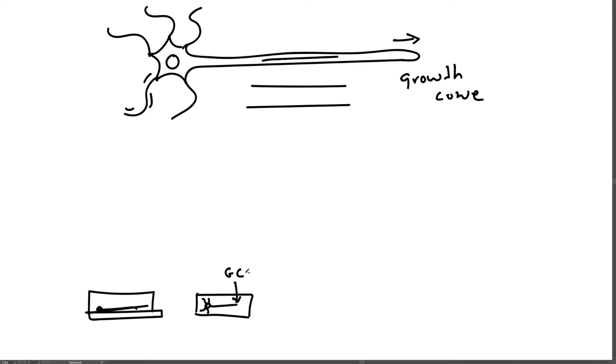Okay, now they just section this sample like this. They make a slice here, and they make a slice here at the top, and they make a slice really close to the growth cone like this, and they look at these different sections in the electron microscope.